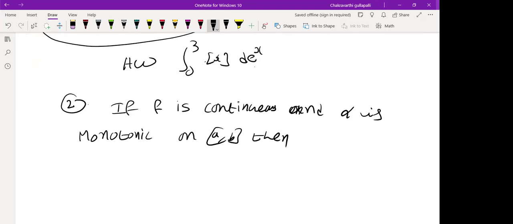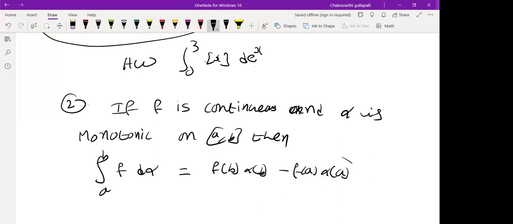Then the integral of f d alpha from a to b is given by f of b alpha of b minus f of a alpha of a minus the integral from a to b of alpha df. What is alpha df?